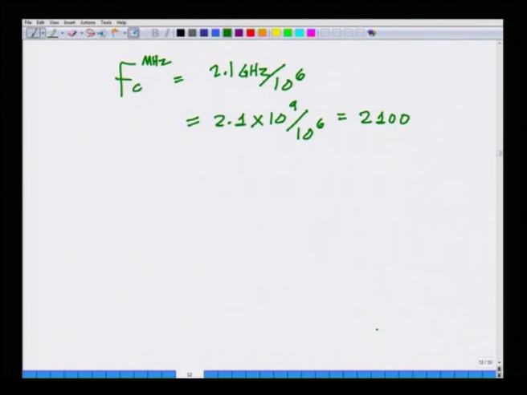So, the frequency in megahertz is 2100 megahertz and the distance in kilometers is 8.